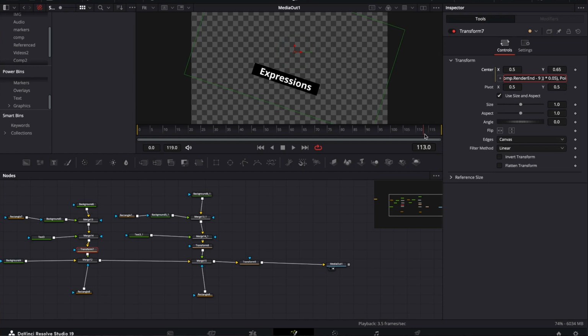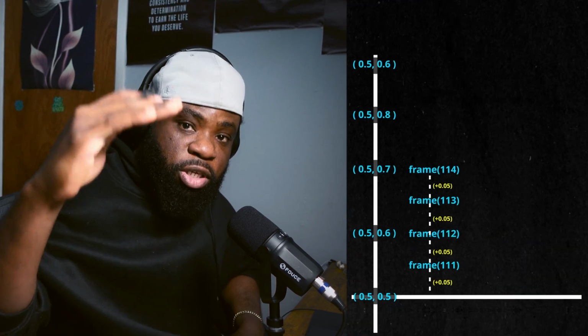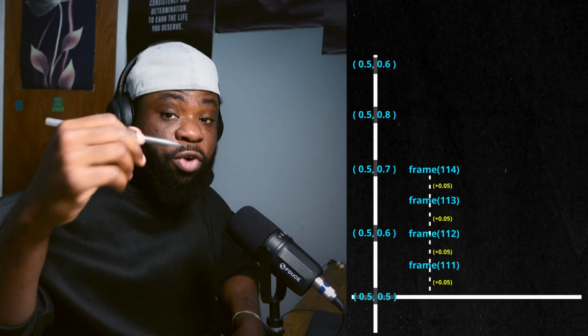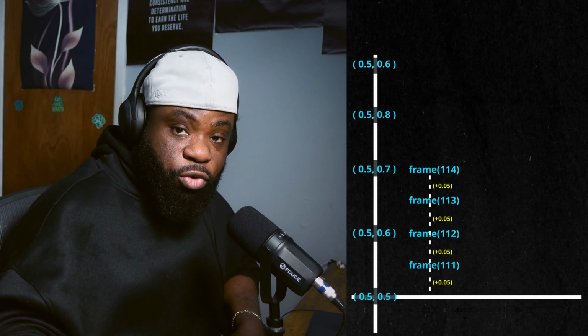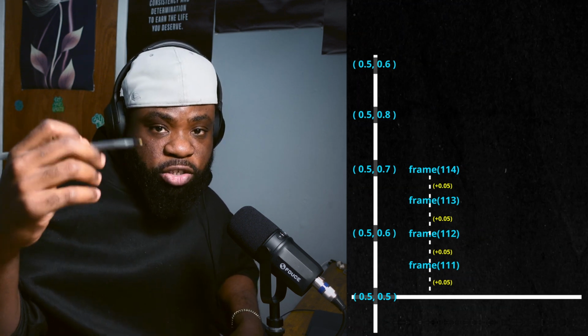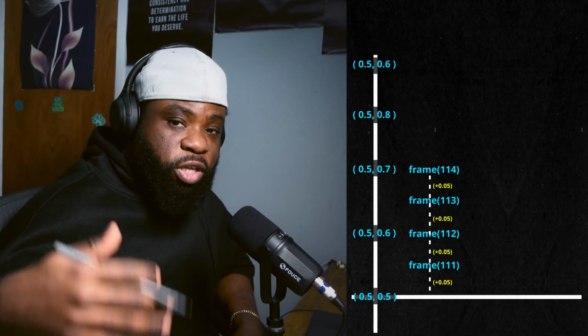Same with 4, same with 5. So as you can see, when you multiply 2 by 0.05 and 3 by 0.05, it's going to keep increasing. That's why it's increasing by that rate. The rate by which it is increasing is 0.05. Multiply 2, increase; multiply 3, increase; 4, increase, and so forth.